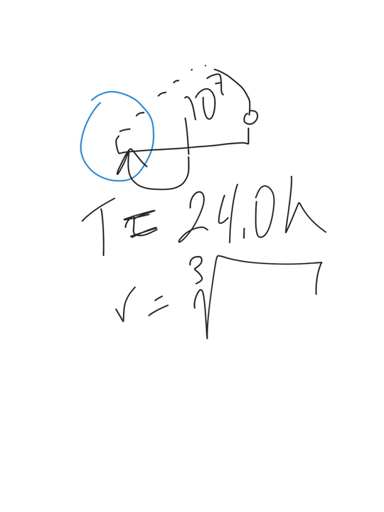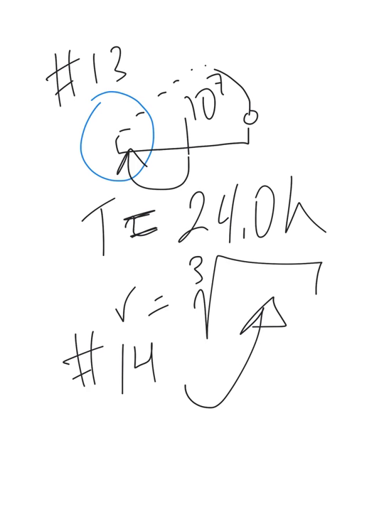So on number 15, then that's actually number 13. So number 14 is a similar type deal. The only thing on number 14 is you're using 90 minutes instead of 24 hours. So on number 14, you're going to use the exact same equation that you did on that one.